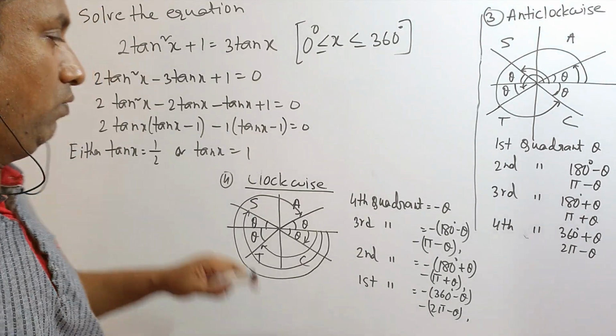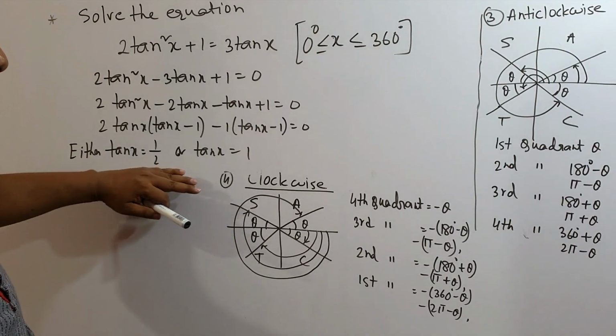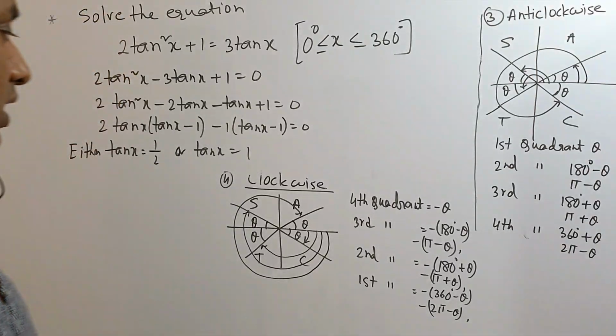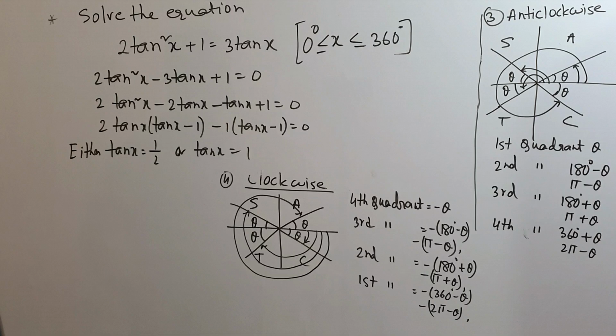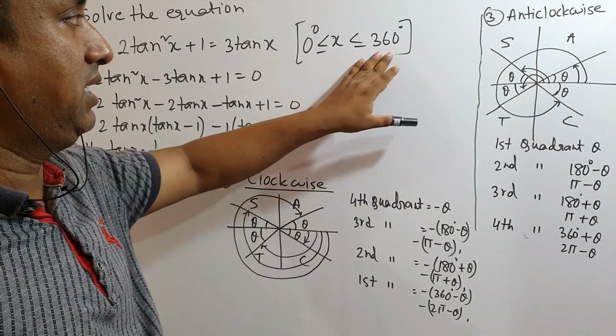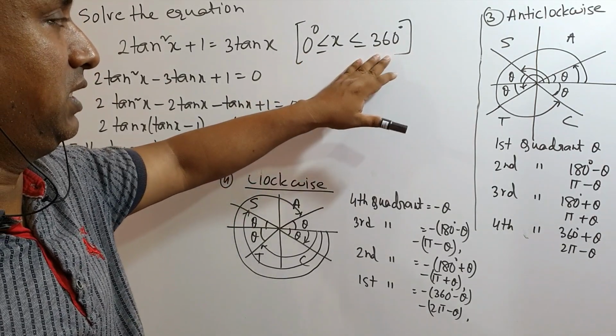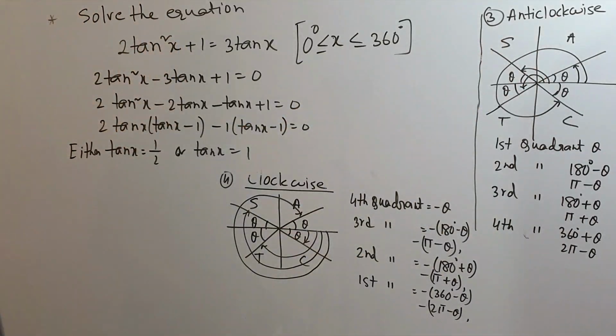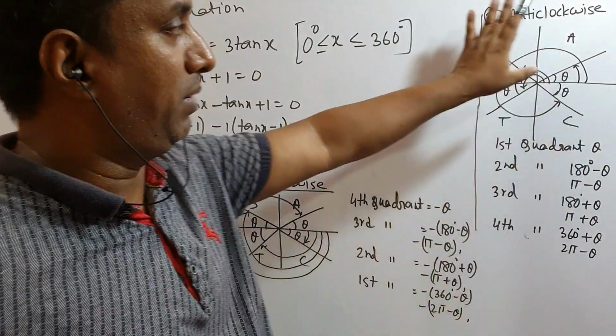Now we will decide how we can find the value of x. Since the range is positive, I mean 0 to 360 degree, I will follow these rules in the anti-clockwise sense. I'll just apply this format.